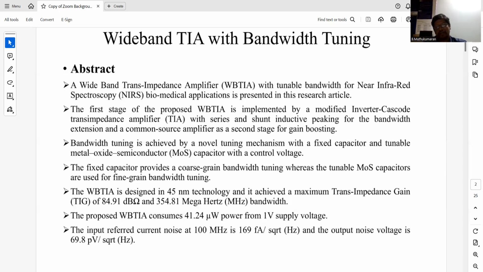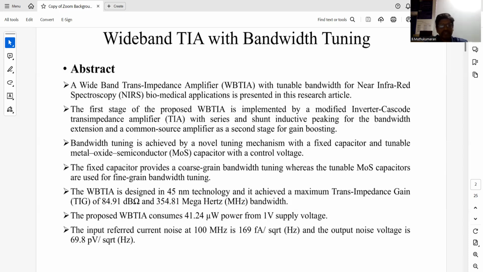Bandwidth is one of the important parameters in biomedical applications. In some applications we need to tune the bandwidth. So for tuning the bandwidth, a novel tuning mechanism with a fixed capacitor and a tunable MOS capacitor with a control voltage is used, so we are able to tune the amplifier with the fixed capacitor and the tunable capacitor.